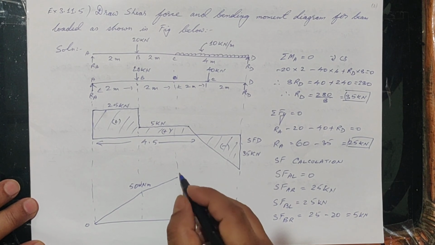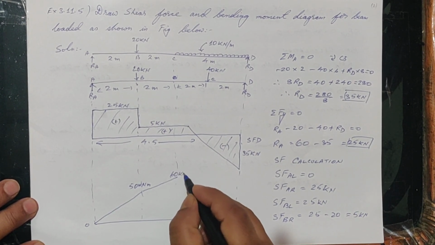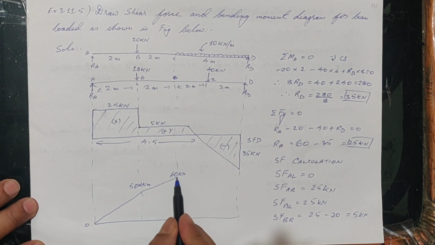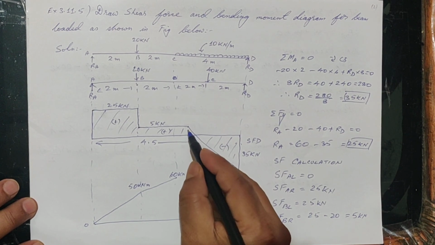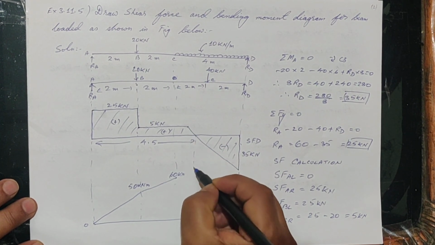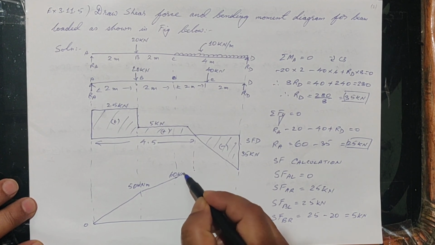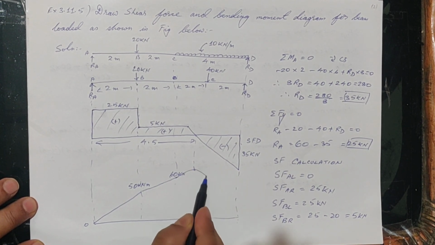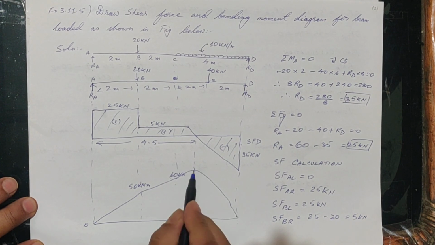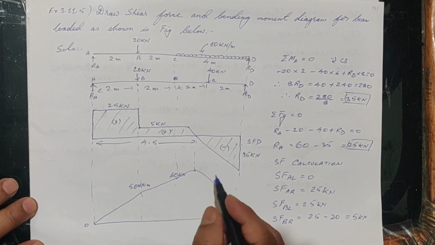Here it is 0. Here we have 60 kilonewton meter. And then we have this curve, which is at the highest point. Here it will be a parabolic curve.